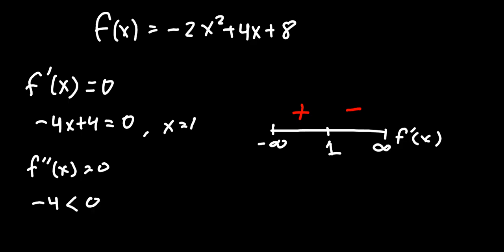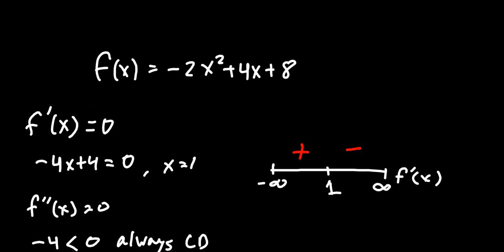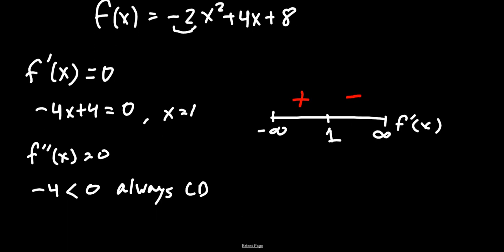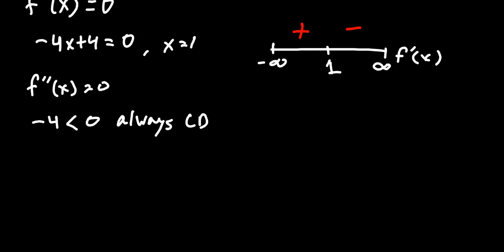In this case, it's less than 0. So that means it's always concave down. And you can verify that because this term right here signifies what direction the parabola is going to be in, whether it's greater than 0.